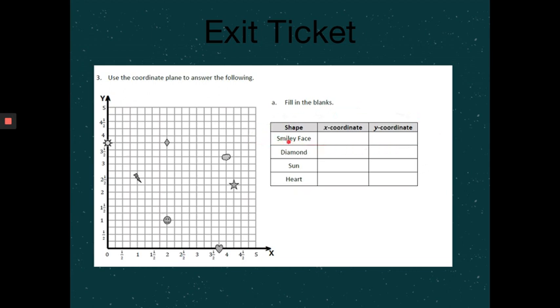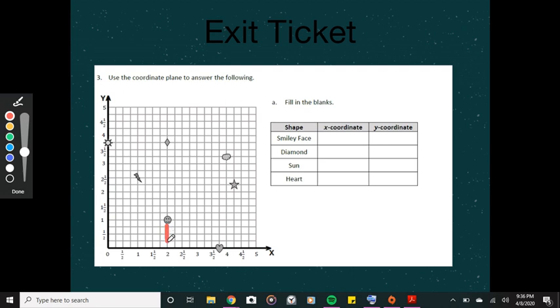So it says smiley face. Okay, so I'm going to look at my coordinate plane right here, and I'm going to see my smiley face. Okay, I can see that. If I go down, it's going to give me a 2 on the x-axis.